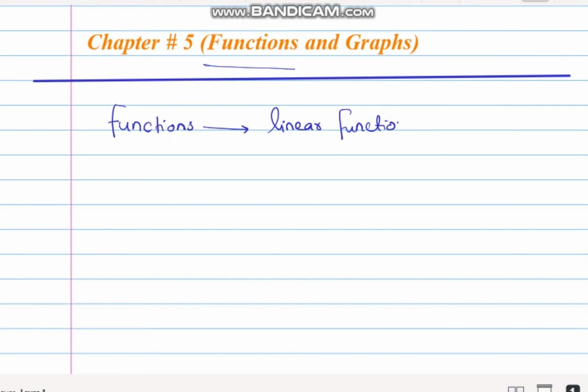You can also say that a line is a linear function. Therefore, we always discussed lines in this chapter. A line is a linear function.